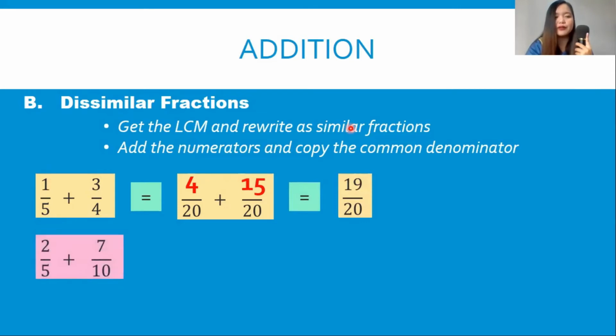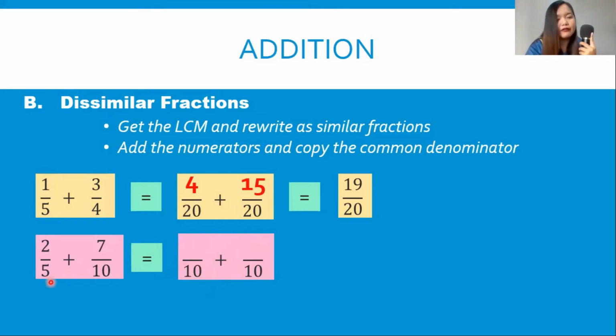Next example, we have 2/5 plus 7/10. Since they do not have the same denominator, get the LCM of 5 and 10 so that we can write it as this one. Kunin muna natin yung mga numerators niya. By dividing 10 by 5, you have 2 times 2, so ang ilalagay na natin dito is 4. 10 divided by 10 is 1, times 7.